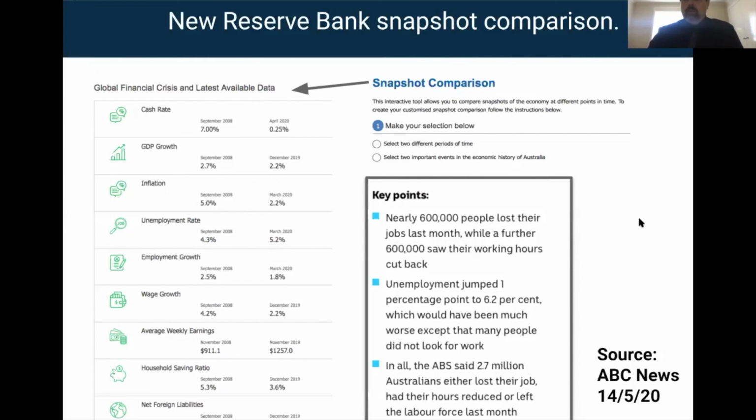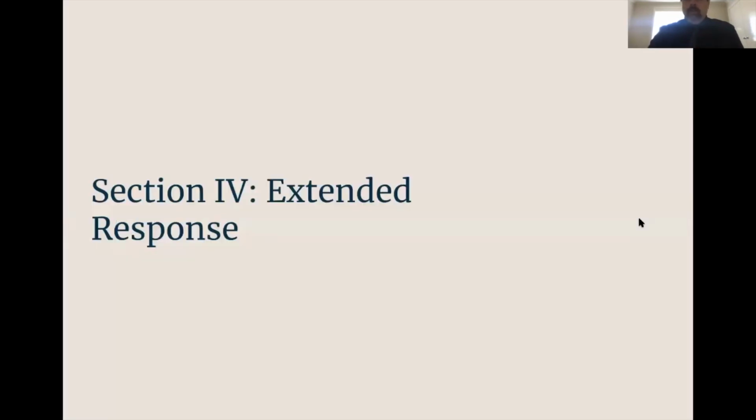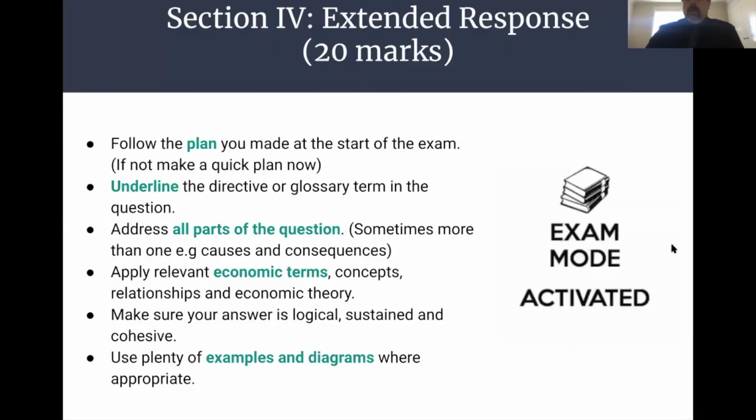Let's have a look at the extended response, section 4 of the paper, worth 20 marks. Our plan has already been constructed from our reading time and our first 5 or 10 minutes of the exam. We've underlined the glossary terms. Make sure we address all parts of the question. Sometimes there's a cause and consequence, like the inflation question a few years ago: explain the causes and consequences.